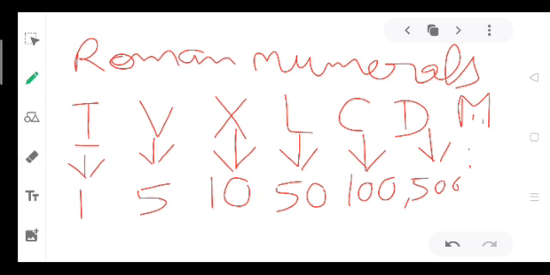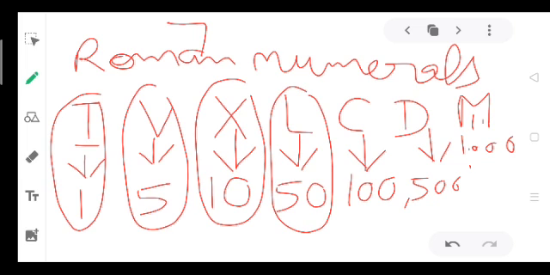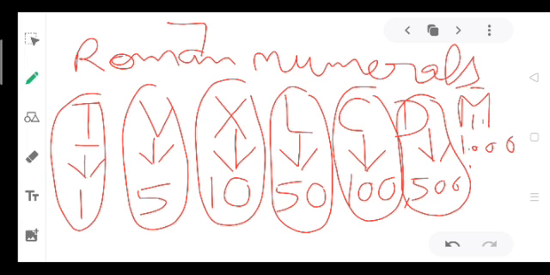M denotes 1000. So once again, how many symbols are there? 7 symbols. I denotes 1, V denotes 5, X is used for 10, L is used for 50, C is used for 100, D for 500, and M for 1000.